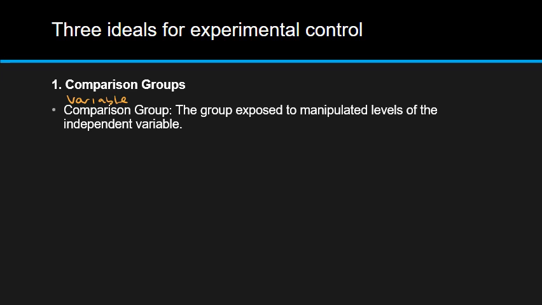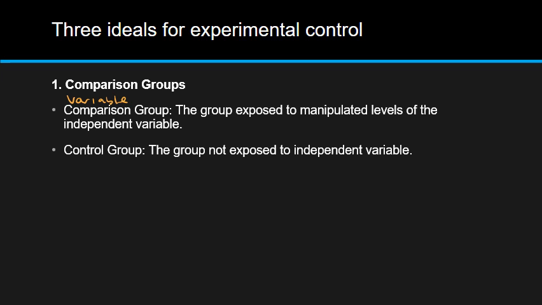So if you have two groups of participants, one group is exposed to the variable. Let's say we're doing a public speaking class and communication apprehension. The variable group is the group that actually gets the public speaking class. The control group would be the group that doesn't.